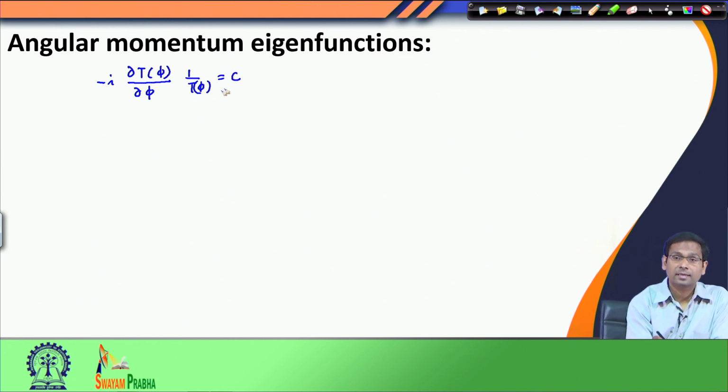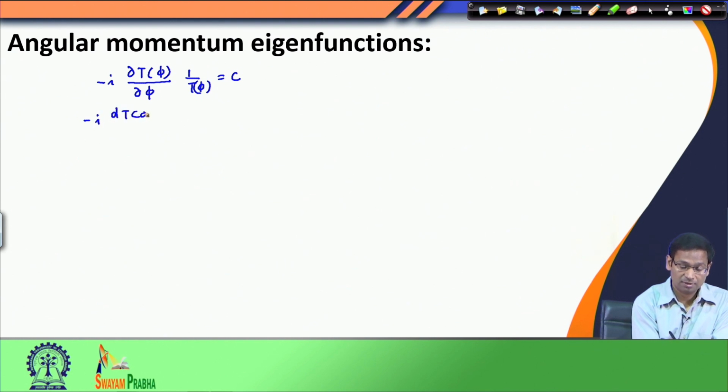So, the right hand side is also equal to a constant c. Now, the task is to solve this equation. So, again, since I am dealing with only one variable, that is phi, therefore, I can replace this partial derivative to regular derivative.